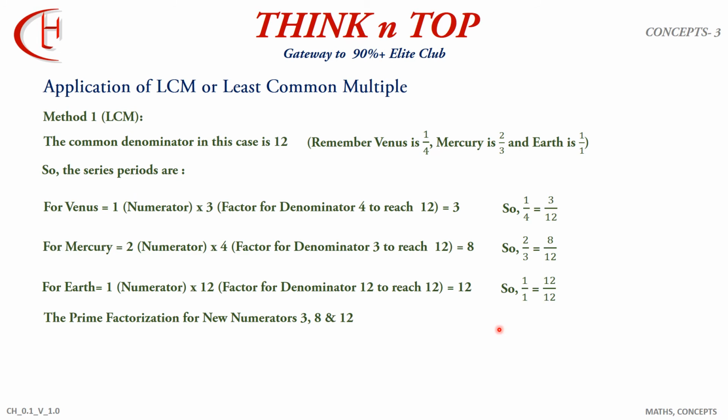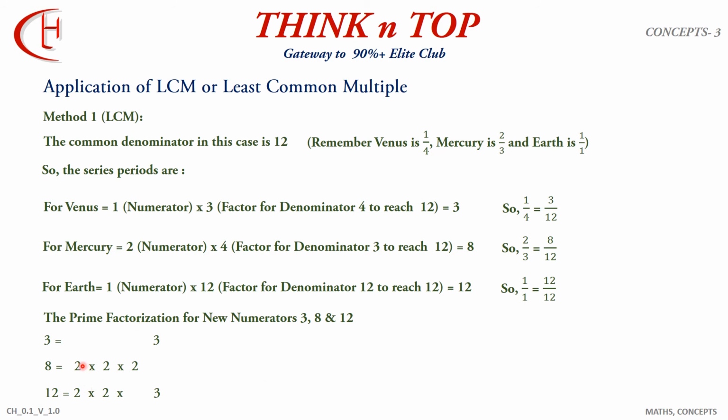Now we have new numerators, and the prime factorization for these new numerators are, see here we are applying LCM. For 3 the prime factorization is 3, for 8 it is 2 into 2 into 2, and for 12 it is 2 into 2 into 3. So what is the LCM for this?